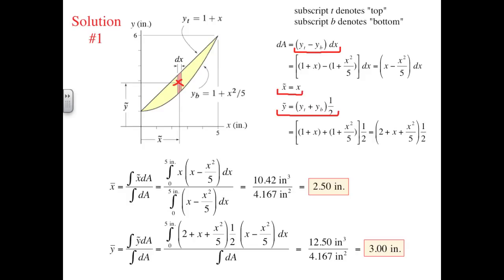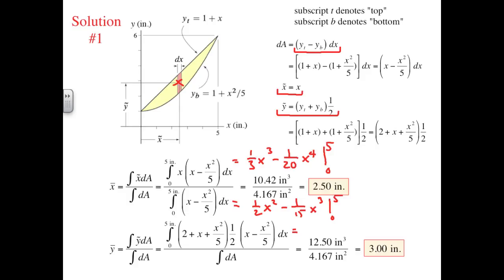For the numerator, if we evaluated this integral, we could show that this is 1/3 x cubed minus 1/20 x to the 4th evaluated between these limits. And for the denominator, this ends up being 1/2 x squared minus 1/15 x cubed evaluated between these limits.